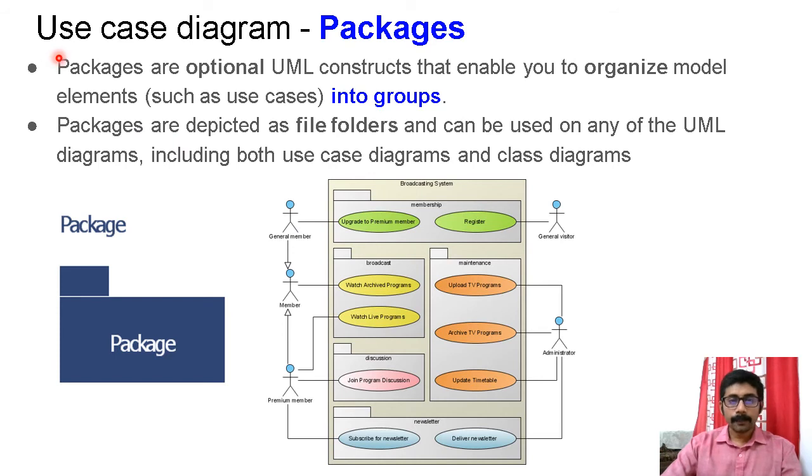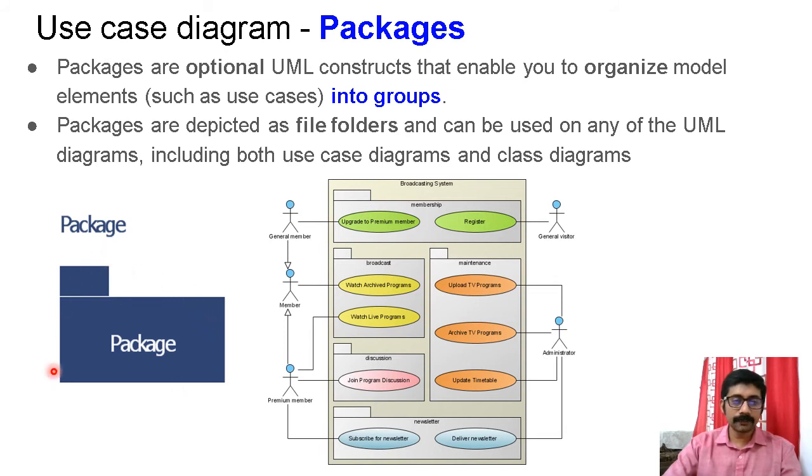Another point is package. Packages are optional UML constructs that enable you to organize model elements such as use cases into groups. Packages are depicted as file folders and can be used on any UML diagrams, including both use case diagram and class diagram. So this is the symbol used to represent the package.